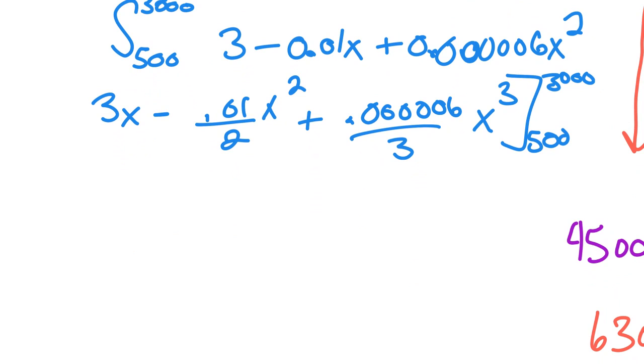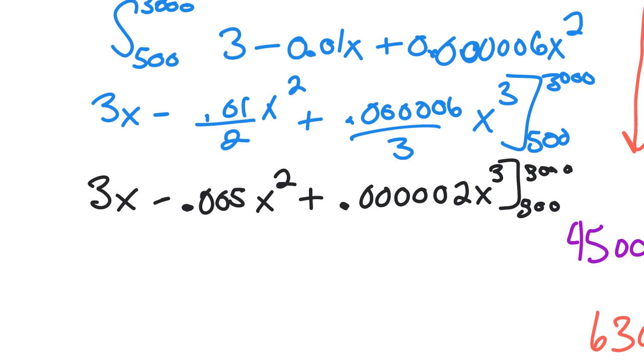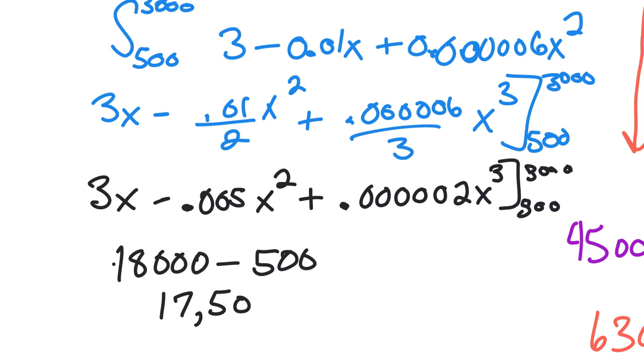So plugging in, well, let me simplify this first. Plugging in 3,000, I get 18,000, and for the 500, I actually just get 500 back out, and that gives me $17,500. That's it, guys. Hope that helps.